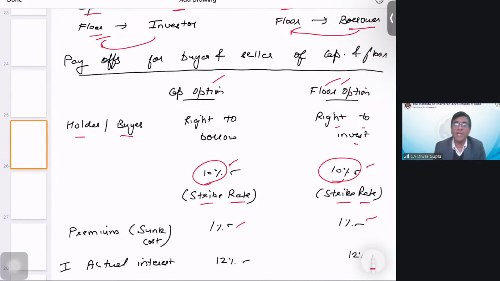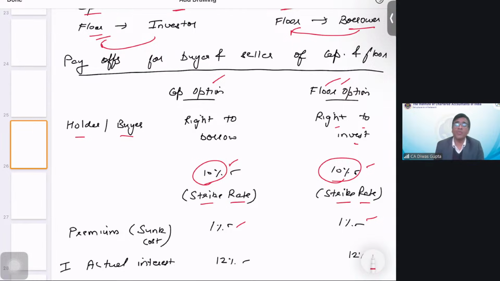So whether you will invest at 12% or 10%, students, you will definitely go and invest at 12%, correct? So that means this option is not exercisable as of now, because you will just go and take the actual investment at 12%. But now the question comes whether you are at a loss of 2% or not here.